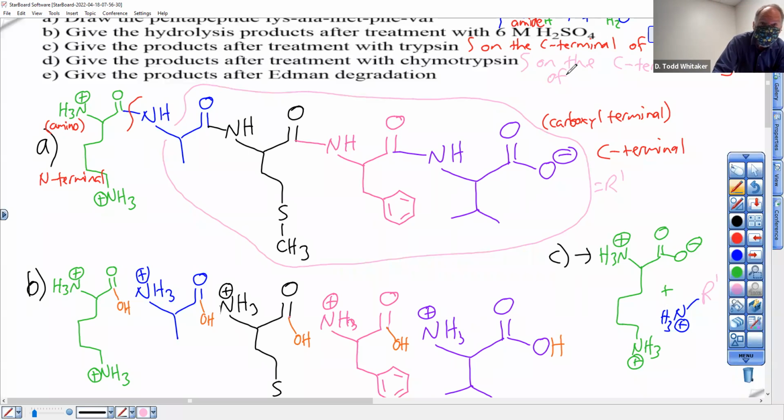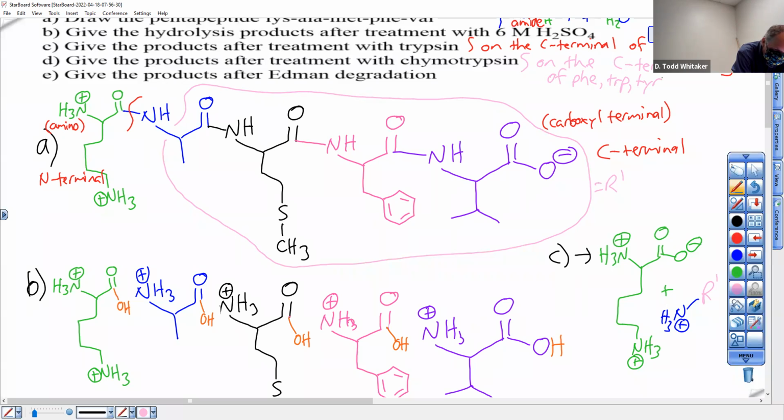This is easy. There's 3: phenylalanine, tryptophan, and tyrosine. Those are the 3 that have benzene in them. So we have 1 benzene here. You're going to be doing your cut right there.